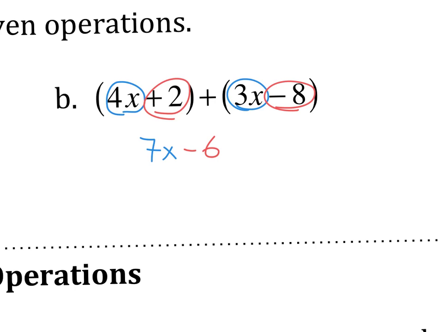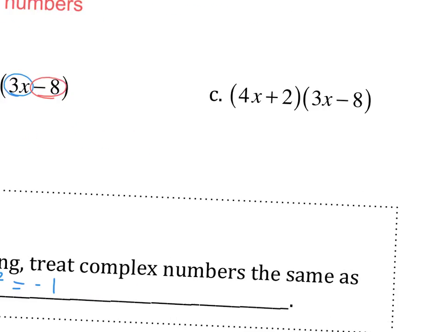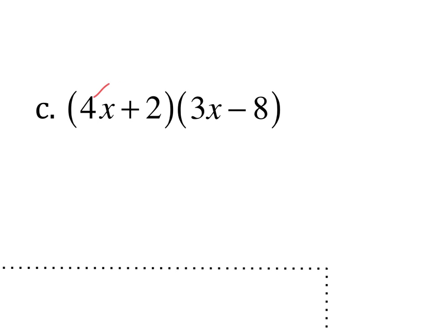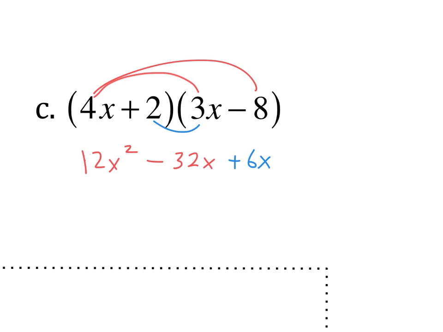And lastly, when we double distribute, the 4x times the 3x is going to be 12x squared. Then that continues to distribute, so we get negative 32x, and this gives me 6x, and this gives me negative 16. Combine like terms, so our final result is 12x squared minus 26x minus 16.